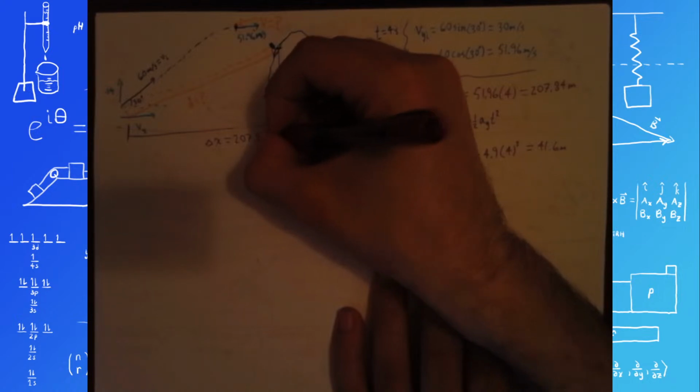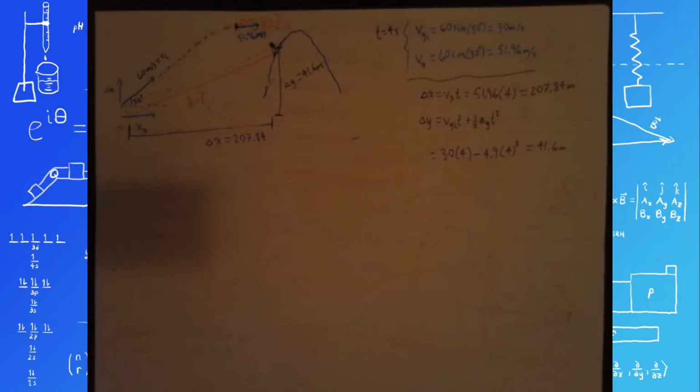By the way, this is something you're going to notice a lot with projectile motion. A lot of times the horizontal distance traveled is going to tend to be greater than the vertical distance traveled, or displacement rather. And there's a simple reason for that.